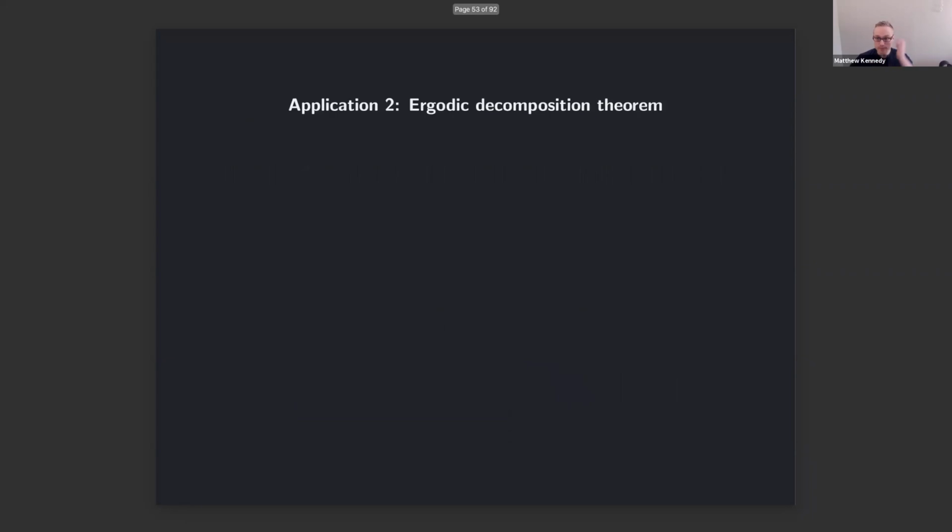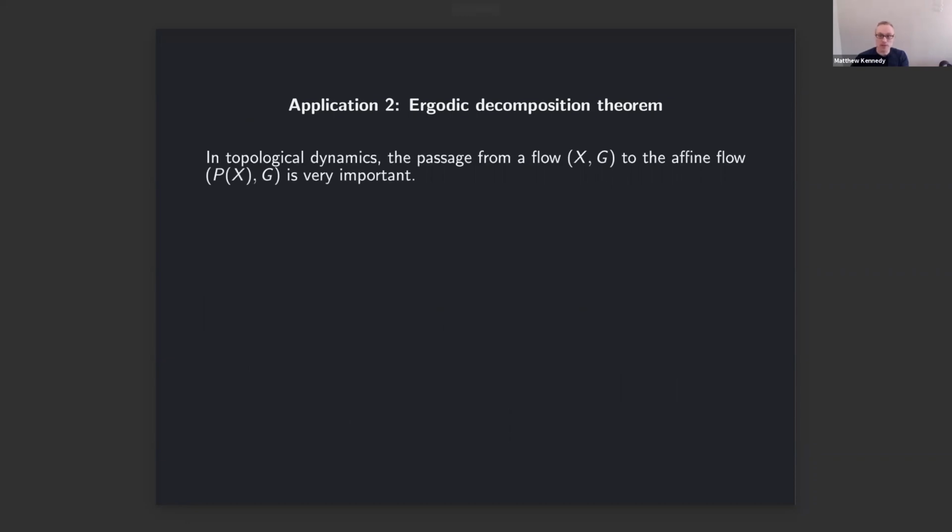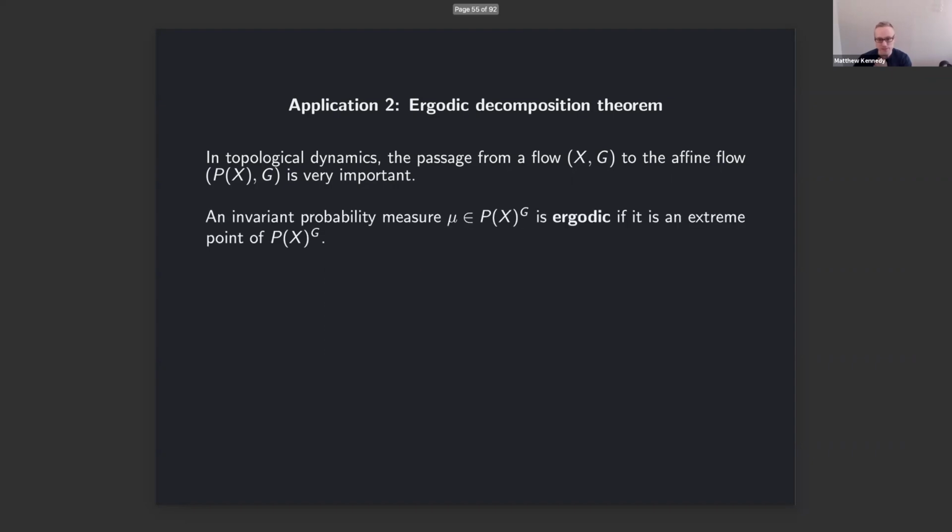Okay. Second application I'll quickly mention is to the ergodic decomposition theorem. So in topological dynamics, there's an important functor, or passage if you like, from a flow, which is a compact space with a G action, to the affine flow on the space of probability measures on X. This is a very important procedure in dynamics to pass between these two objects.